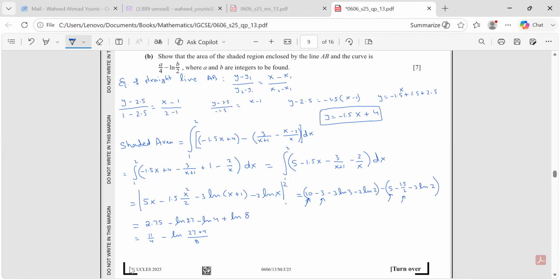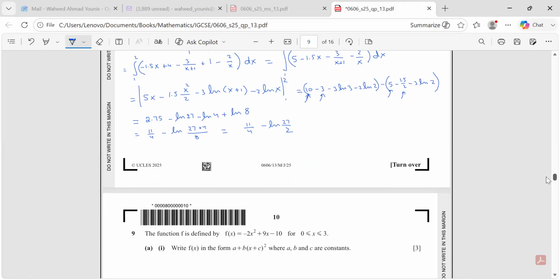I hope everyone is okay with this. So this is 11 by 4 minus log of 27 over 2. This is our final answer. I hope everybody is with me and understands what we are doing.